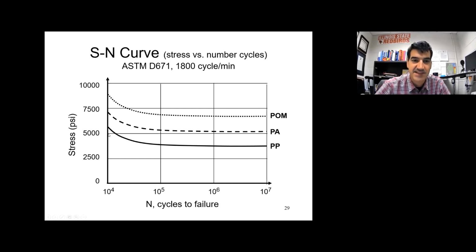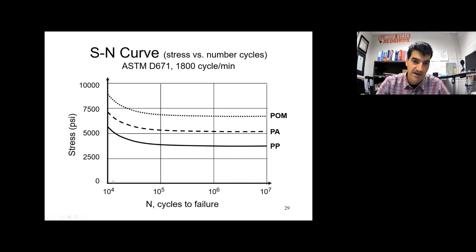All right, 5,000 psi. If I made that part out of this material, then I can drop a line down here, and this is how many cycles I would expect to get before it fails, like that paperclip failed. So 10 to the fourth is 10,000. 10 to the fifth is 100,000.